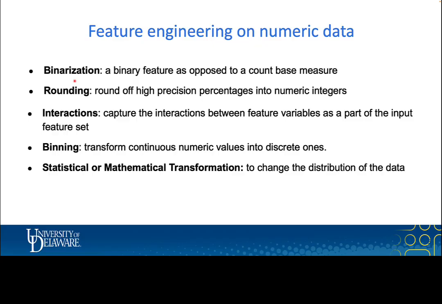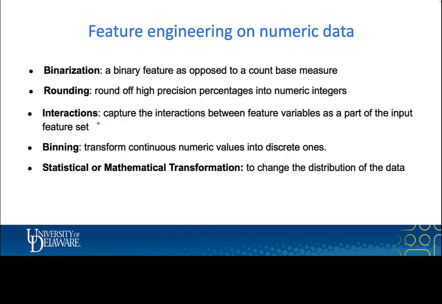In other cases, when dealing with continuous numeric attributes like proportions or percentages, we may not need the raw values having a high amount of precision. Thus, it often makes sense to round off these high precision percentages into numeric integers. In these cases, we would apply rounding.